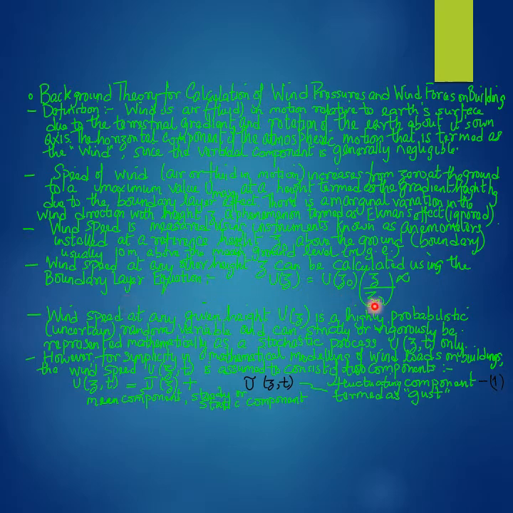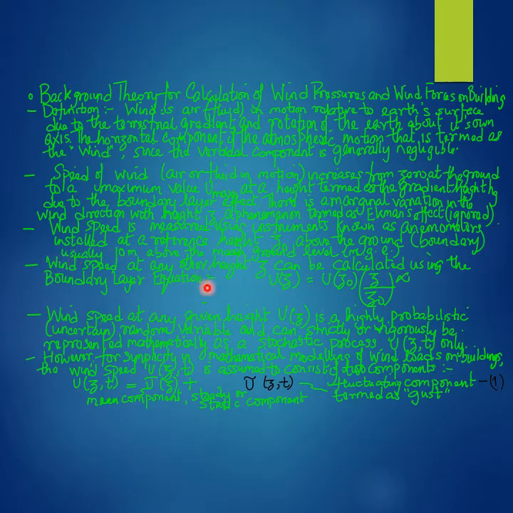The wind speed at any other height in the atmospheric boundary layer of the wind, that is essentially a fluid, or air in motion, can be calculated using the traditional boundary layer equation.